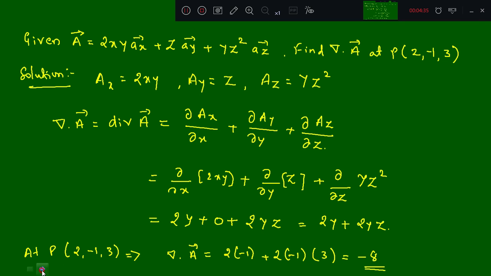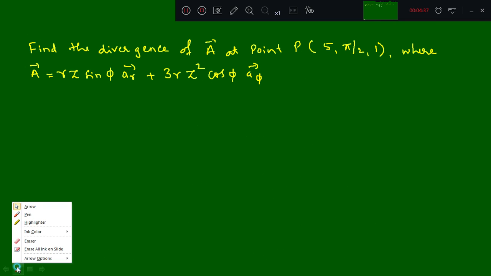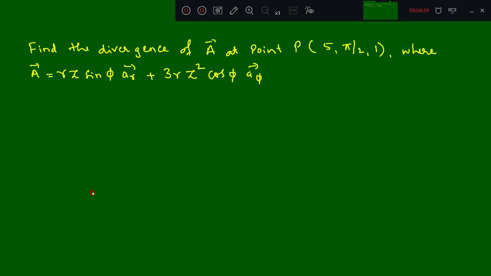The next problem is: find the divergence of A at point P(5, pi by 2, 1), where A is rz sin phi ar plus 3r z square cos phi a phi.